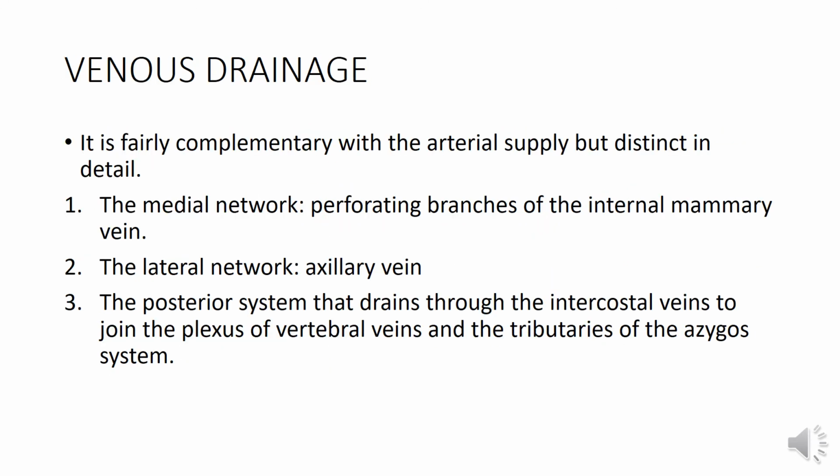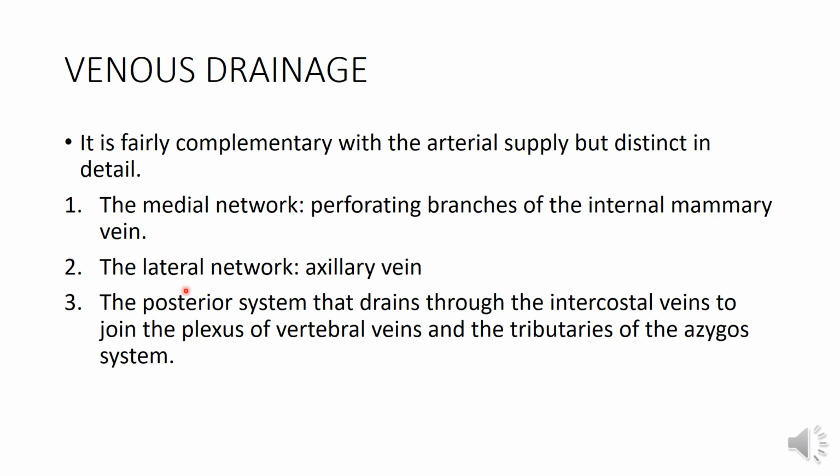Venous drainage. It is fairly complementary with the arterial supply, but distinct in detail. Majorly the veins follow the arteries. Remember, the medial side is supplied by the internal mammary artery, and the lateral side by the axillary artery. So on the medial network, you have the perforating branches of the internal mammary vein draining the breast.